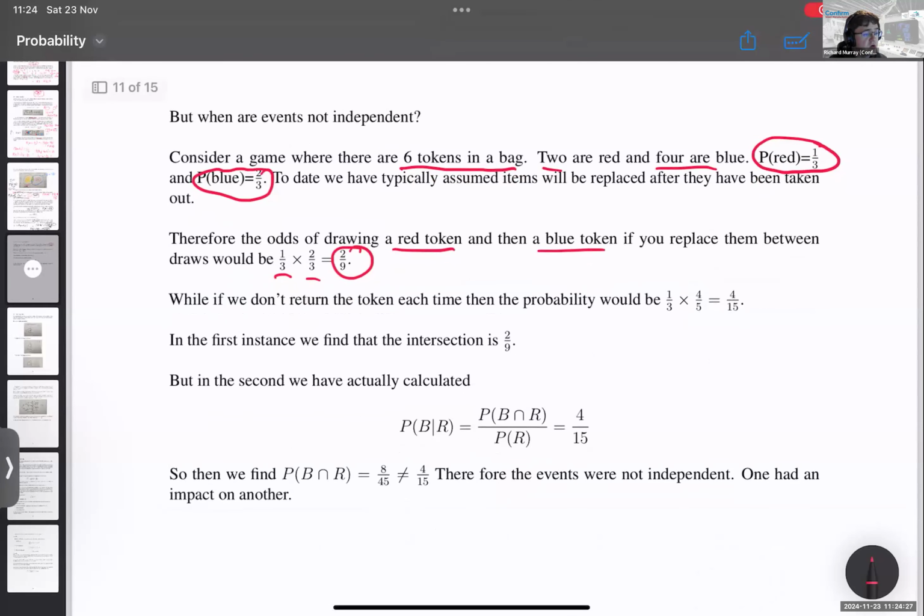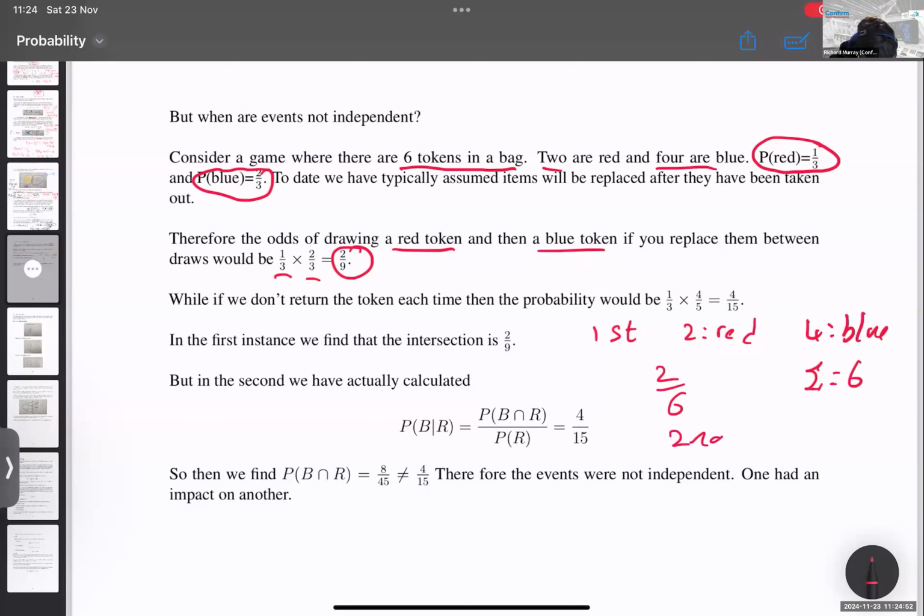If we don't return our tokens, then we see that there are, on our first draw, 2 red, 4 blue, and a total of 6. So in the first instance, if we want to draw a red, we have a 2 in 6 chance of drawing a red.